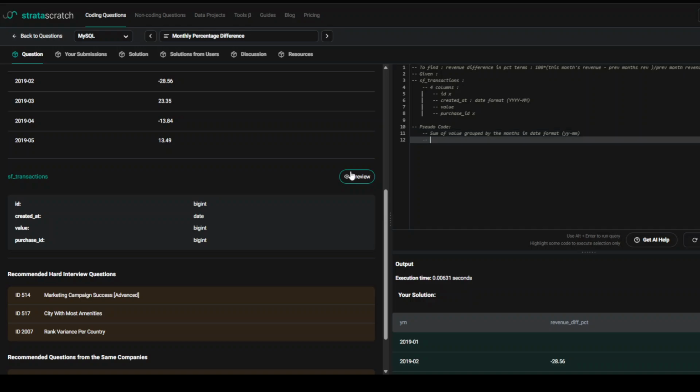Once we have done this, we will add a lag of value to get the previous value.